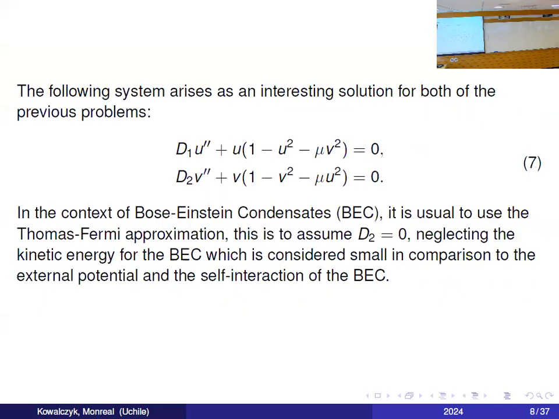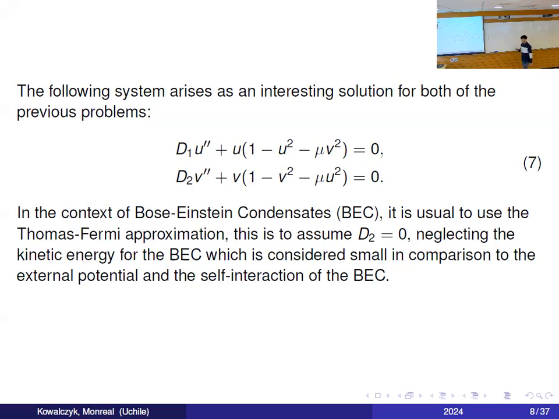So it happens that in the context of Bose-Einstein condensate, it is usual to use something called a Thomas-Fermi approximation. That is to assume this constant d2 to be 0. This is neglecting the kinetic energy of the Bose-Einstein condensate, which is considered small in comparison to the external forces of the potential and the self-interaction of the Bose-Einstein condensate.